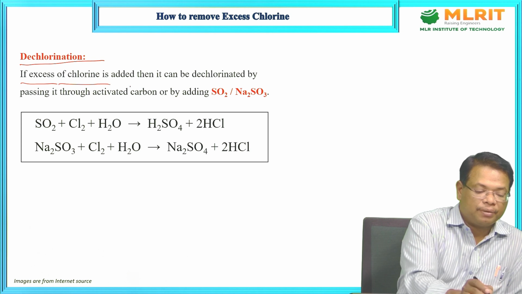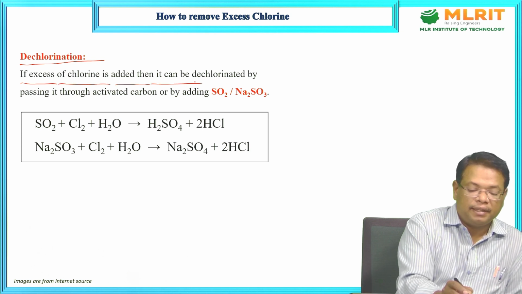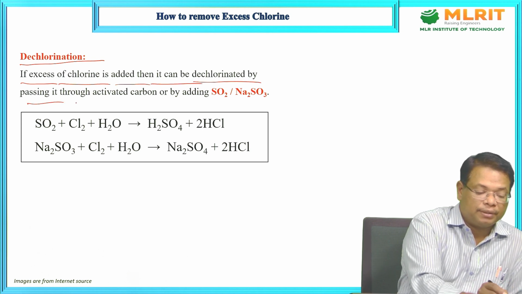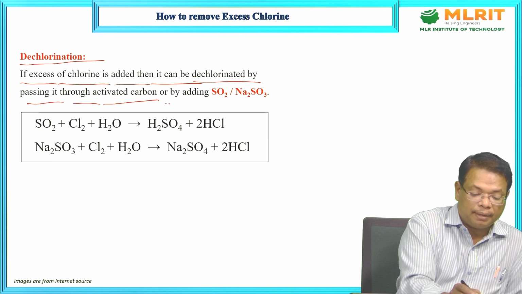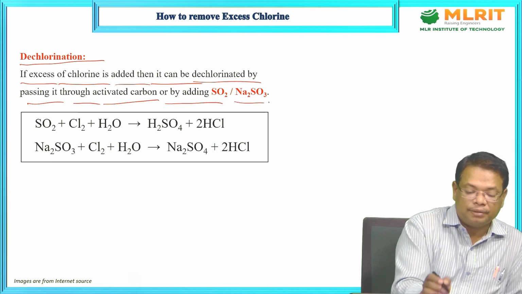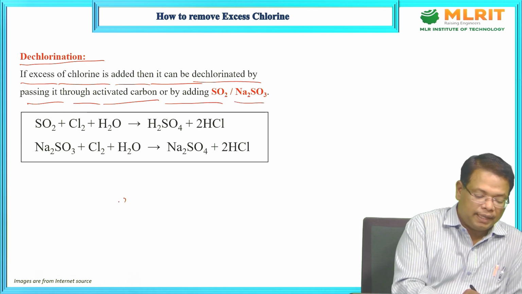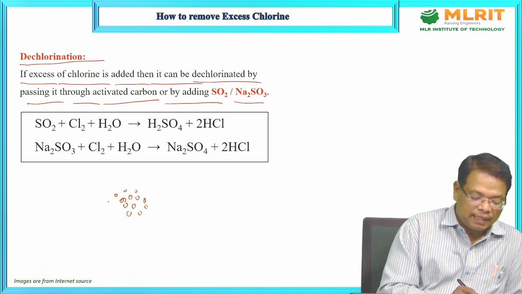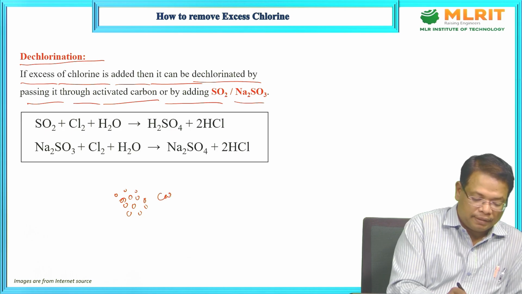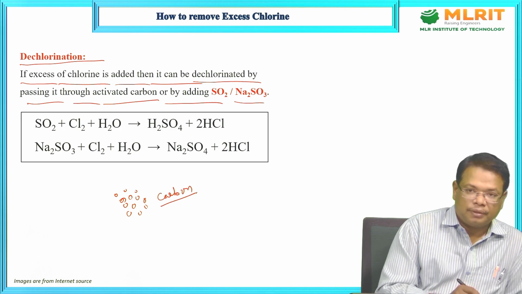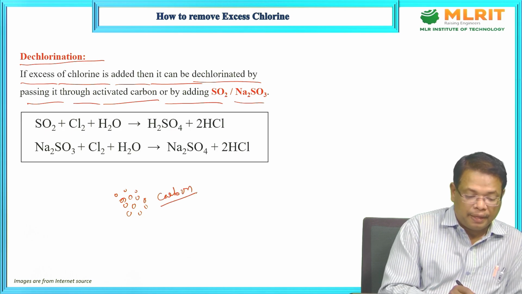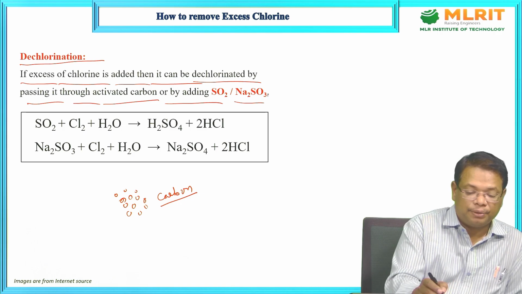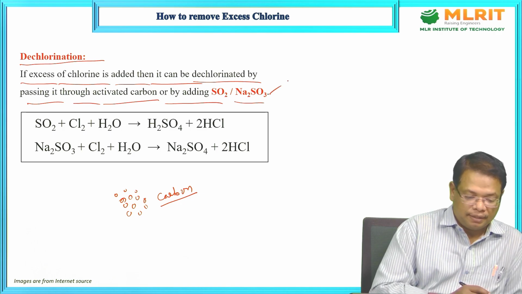If excess chlorine is added, it can be dechlorinated by passing it through activated carbon, or by adding SO2 or Na2SO3. Any activated carbon, charcoal, or biomass-derived carbon can be used.